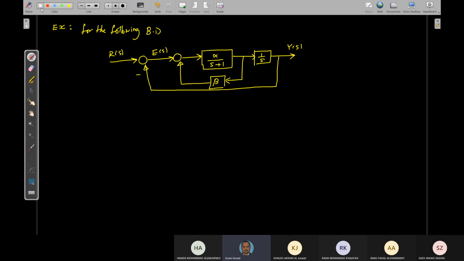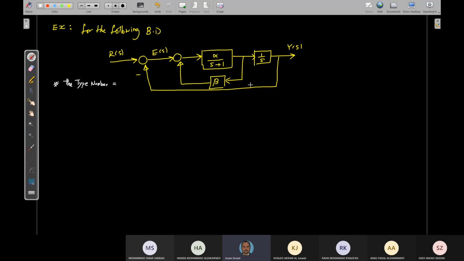Now here for this simple block diagram, let's roll out a lot of questions. The first one, the type number. One. Why one? Because we only have one integrator in the loop, and this integrator is not cancelled by any other factor, correct?